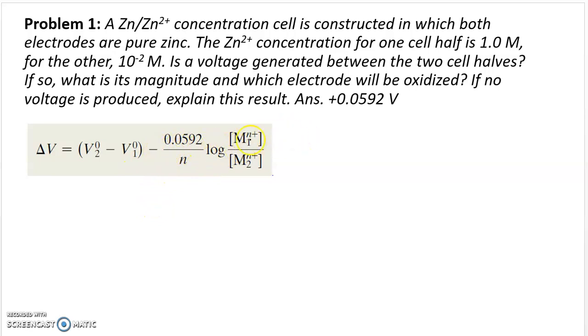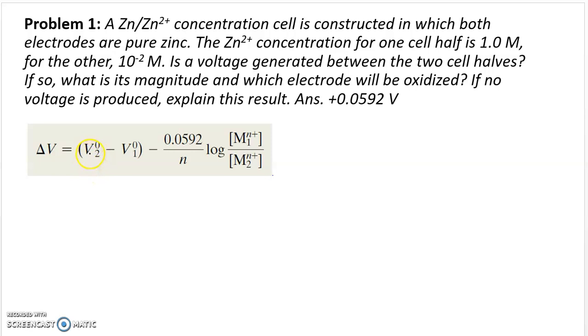In this case M1 n plus is the molar concentration for the metal 1, and then the other molar concentration will be for metal 2. So normally we take this higher concentration 1 M as M2. Therefore its standard half cell electrode potential will come over here as well.